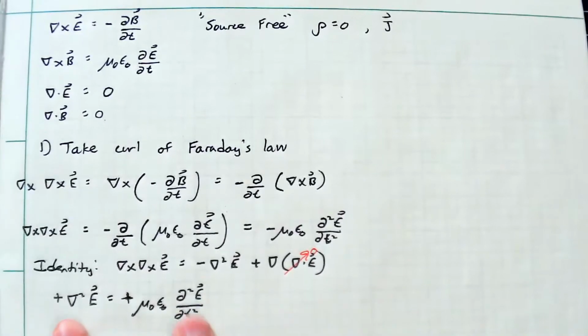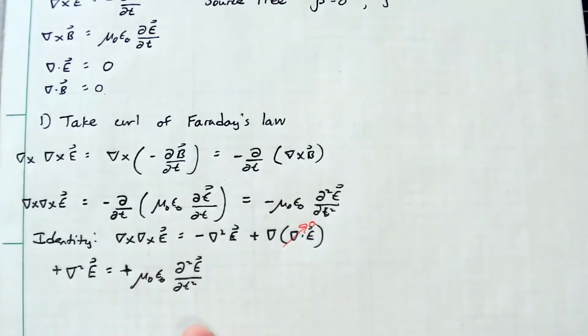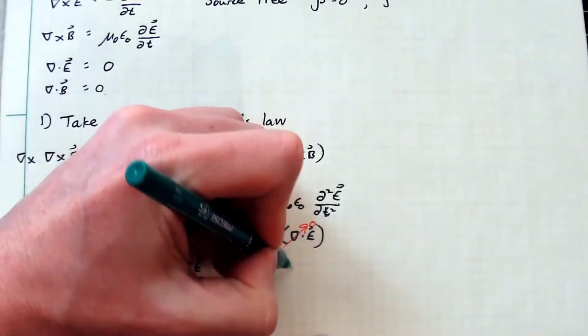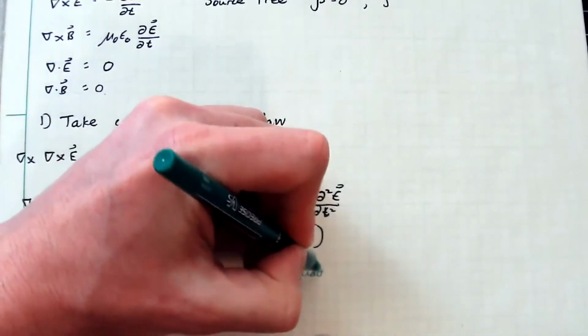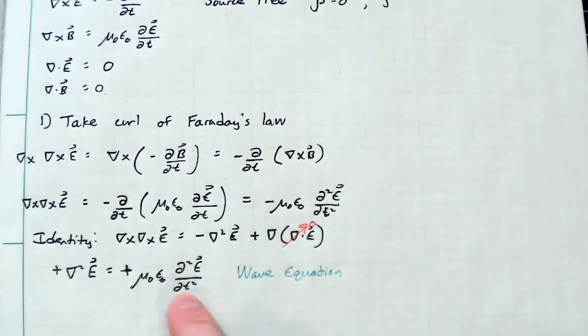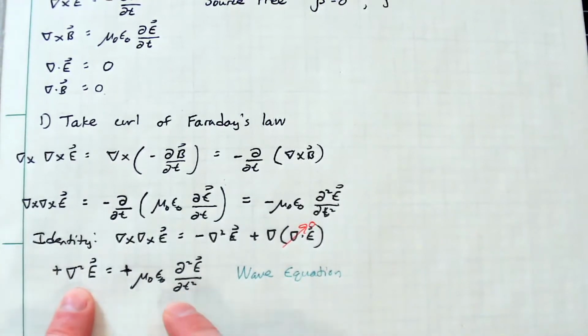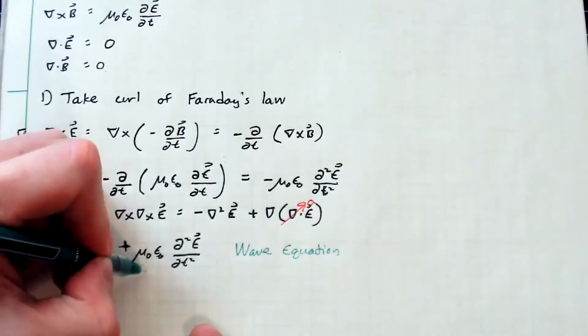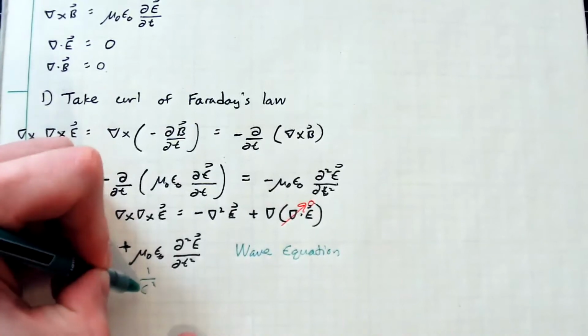And fun fact, this is a wave equation. More specifically, it's a vector wave equation because this is a vector Laplacian operating on a vector field. But if you remember from your partial differential equations, if you have the second derivative in space proportional to the second derivative in time, that is a wave equation. And this constant in front is actually 1 over the phase velocity squared.